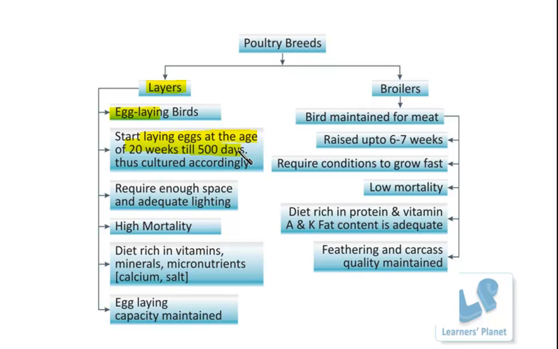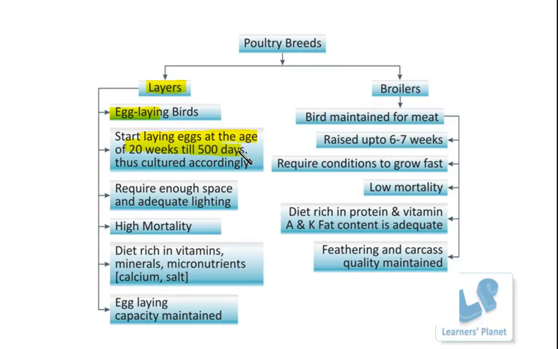So this property sets an agenda that till what age, for how many days, these birds should be raised or maintained in the poultry farms. Usually when these hens are at a young age, the quality of the egg is quite good.